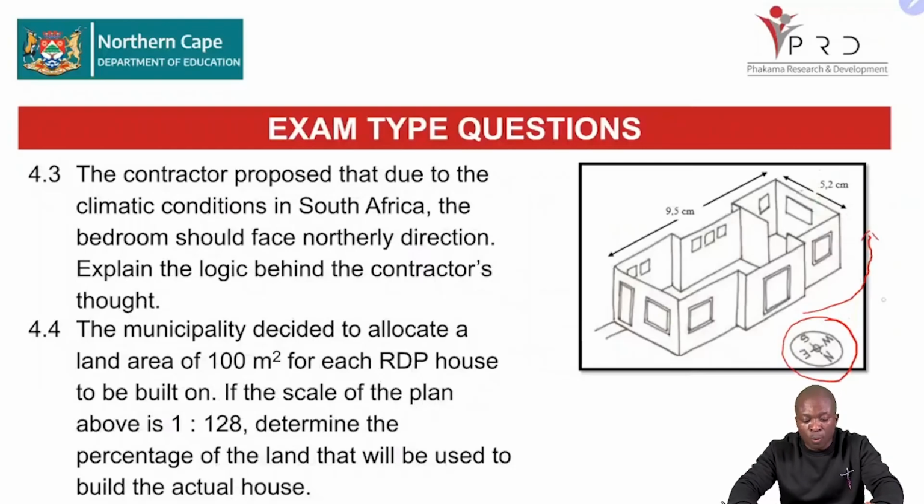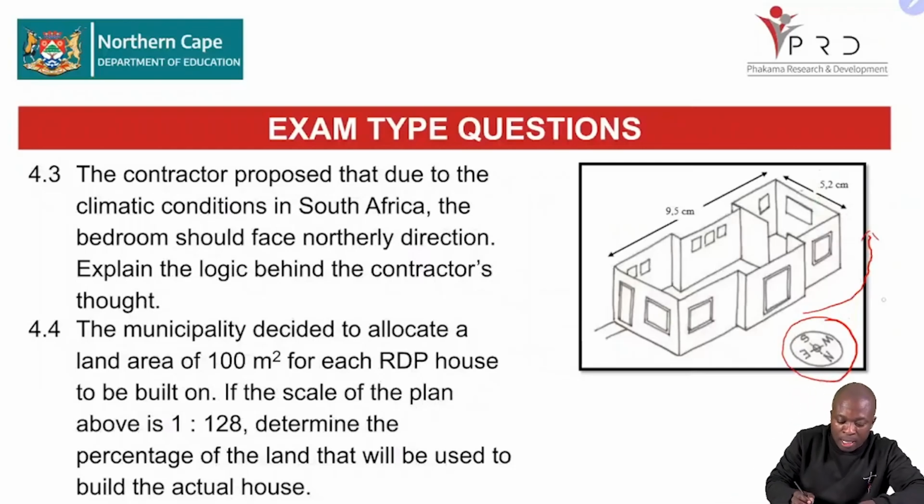One of the reasons why the examiner wants to ask such a question is the climatic conditions of South Africa. We have your winter, we have the autumn, we have your spring, we have your summer. You do not want rooms which are going to make you use a lot of electricity. You have to try and manage it well. So one of the reasons that you can give is to utilize the natural sunlight.